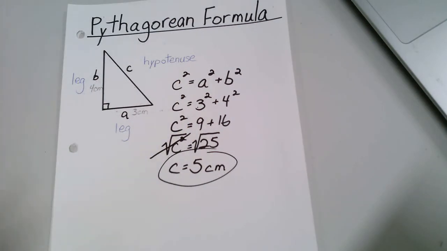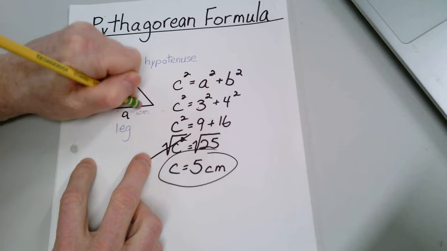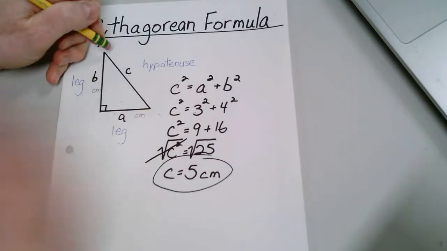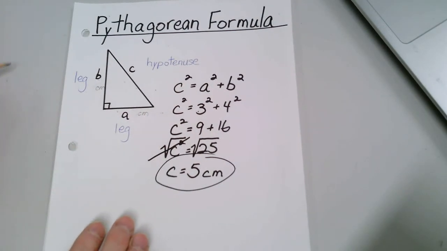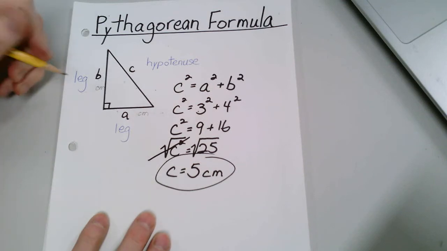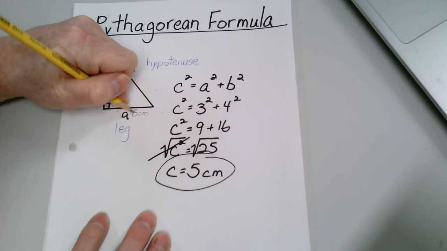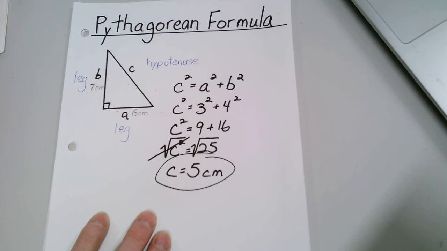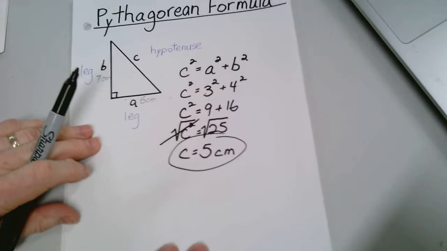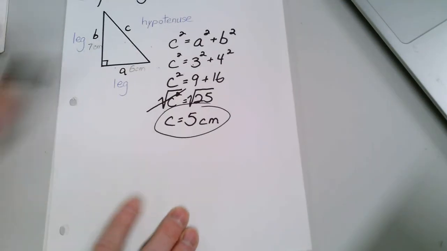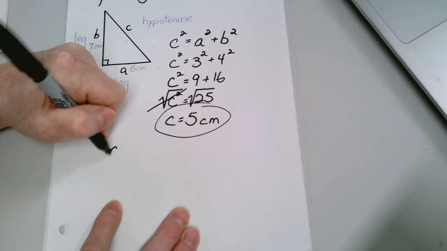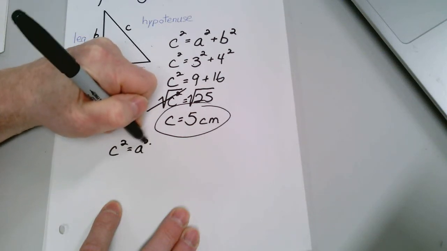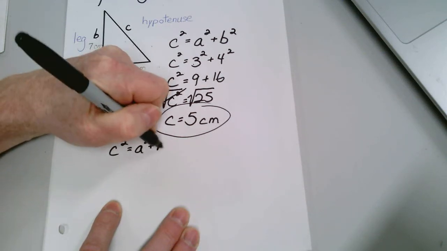So let's just do one more here. Let's pretend this one worked out really nicely without any decimals or anything. So let's do one that doesn't work out so cleanly. Let's pretend this side is 6 and this one is 7 centimeters. So start with the formula. C squared equals A squared plus B squared.